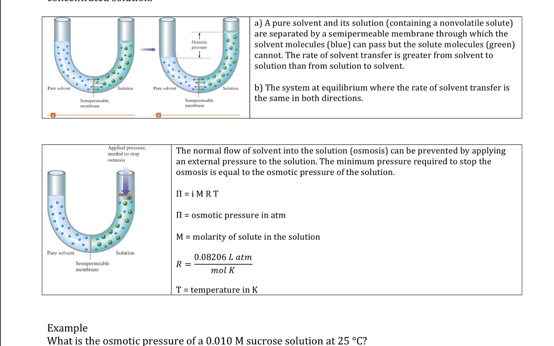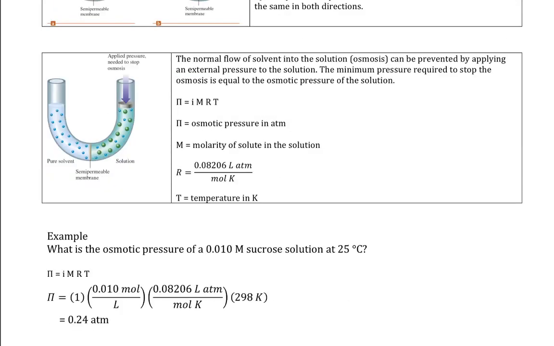That difference in height is due to the solvent traveling more easily in the direction toward the more concentrated solution, and that process can be stopped by applying pressure on the more concentrated solution side. And that pressure is called the osmotic pressure.